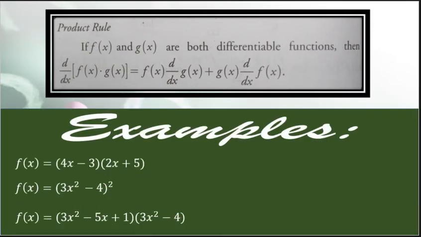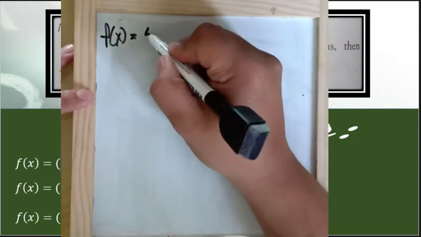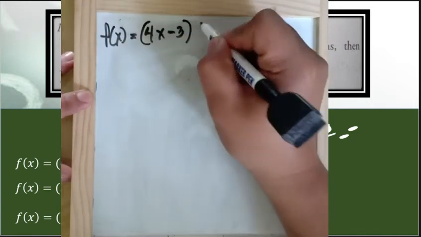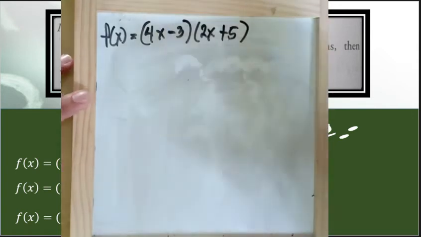Okay, let's have example number 1. Example number 1 says f of x is equal to 4x minus 3 times 2x plus 5.